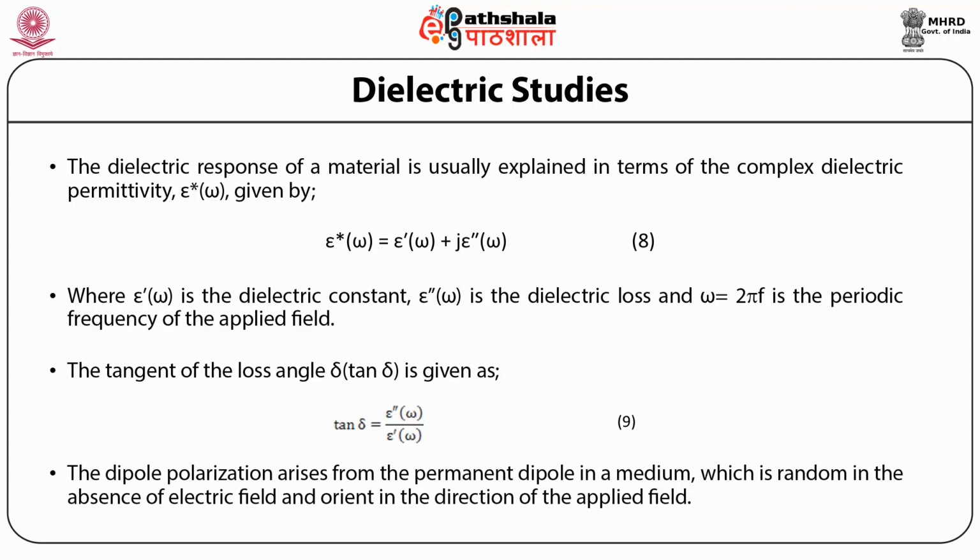The dipole polarization arises from the permanent dipoles in a medium, which are random in the absence of an electric field, and orient in the direction of the applied field.